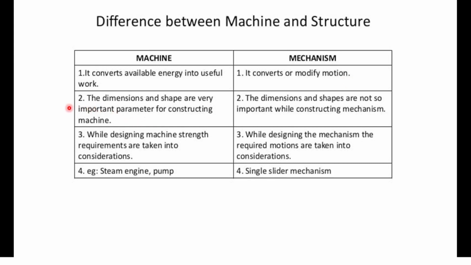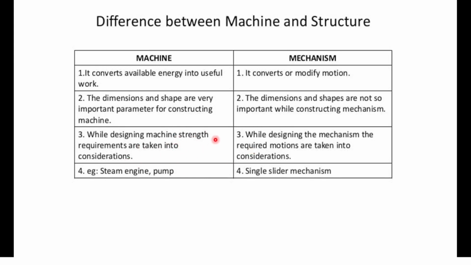The second segregation: the dimensions and shape are very important parameters for constructing a machine, right? The second point for a mechanism: the dimensions and shape are not so important while constructing a mechanism. While designing a machine, strength requirements are taken into consideration.